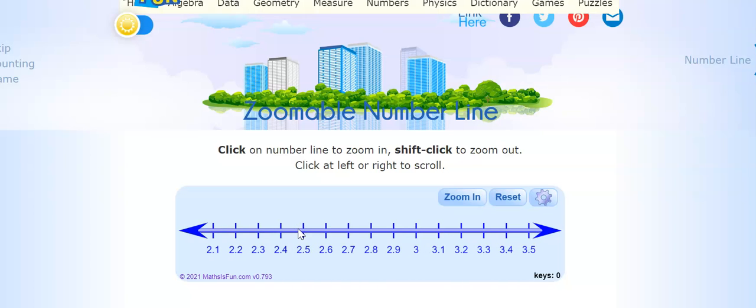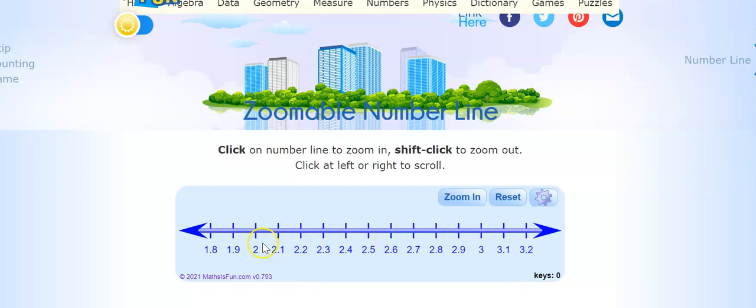And I'm going to keep clicking there until some numbers pop up. So I still want to include my 2. So I have some numbers between 2 and 3. So I'm going to go ahead and really mark those.